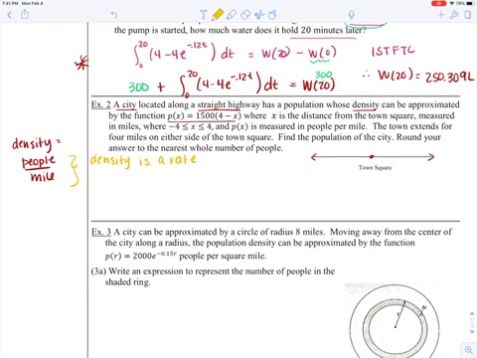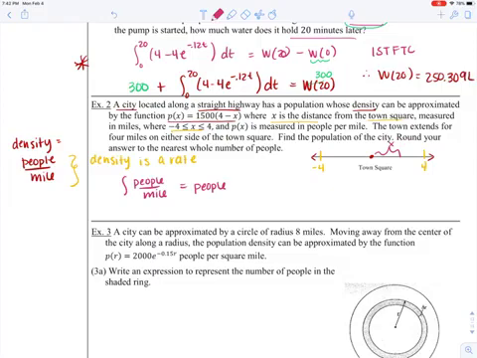Now it tells me that x is a distance from the town square, measured from -4 to 4. So we've got some distance, -4 on this side and +4 on this side. And x is some distance on either side, okay? Now it says the town extends for 4 miles on either side of the town square. Find the population of the city. If I take the integral of people per mile, I should end up with people, okay?